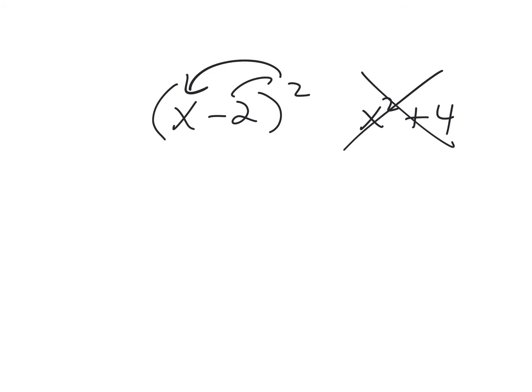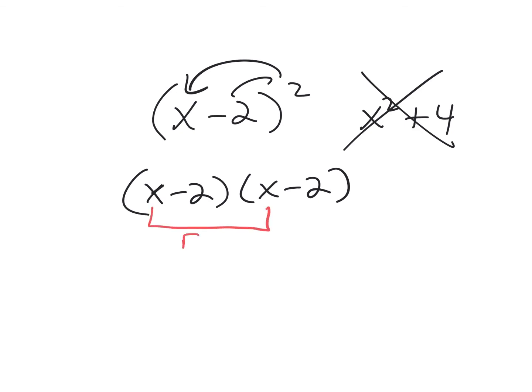What you need to do is write it 2 times and then either use distributive property, or some teachers may have taught you the acronym FOIL. So if you learned the acronym FOIL, what that means is you're doing the first times the first, or again, you can think of it as distributive property. We're distributing the x to the x, and then now we'll distribute the x to the -2, or in the acronym FOIL, that's the outside numbers.